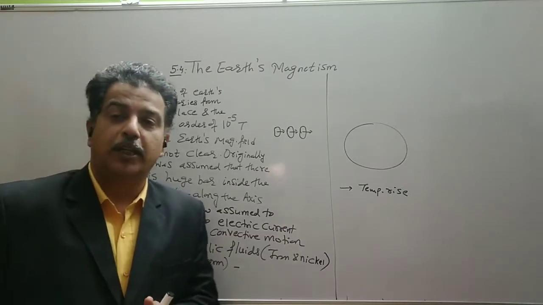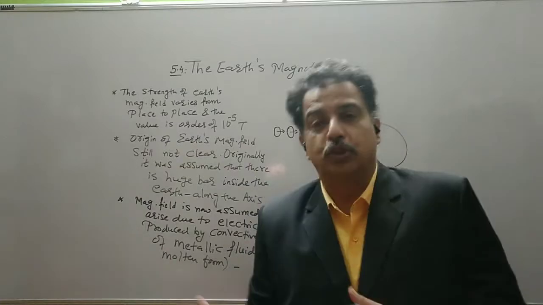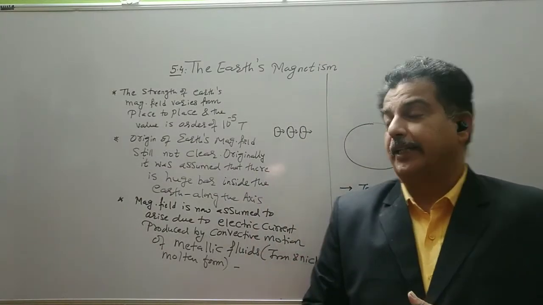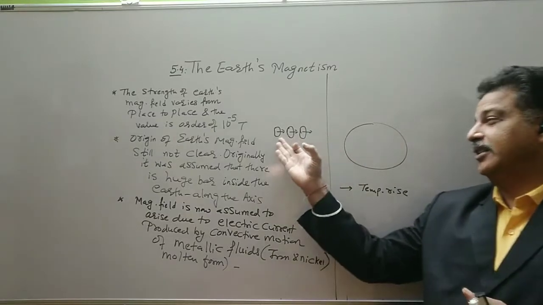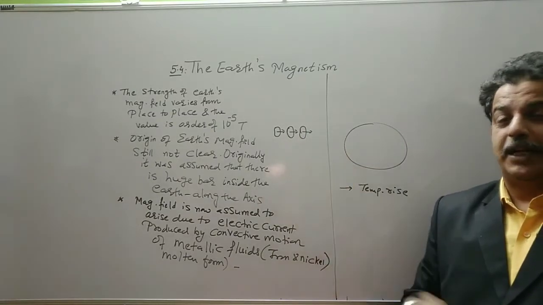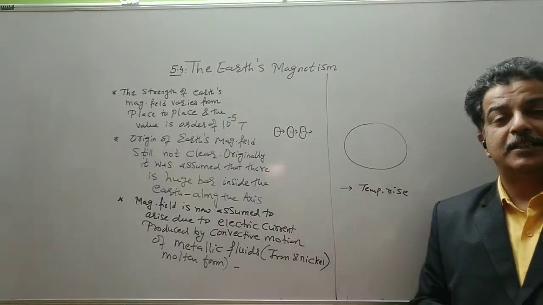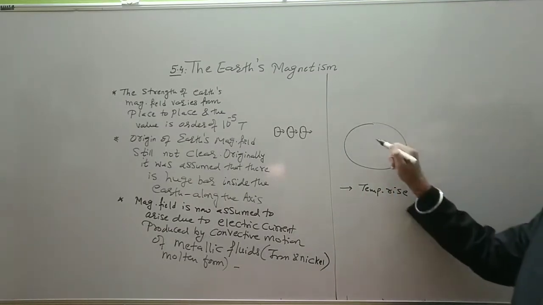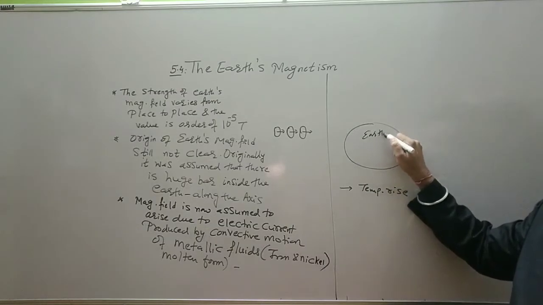If there is a circulatory current due to the motion of charge, then it is easy to understand the magnetic property. So if I consider these are the atoms, their orbital magnetic moments should align in the same direction. But the temperature inside the earth is very high.